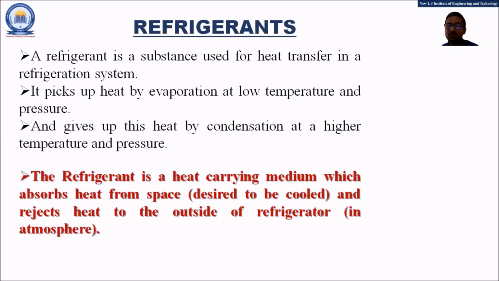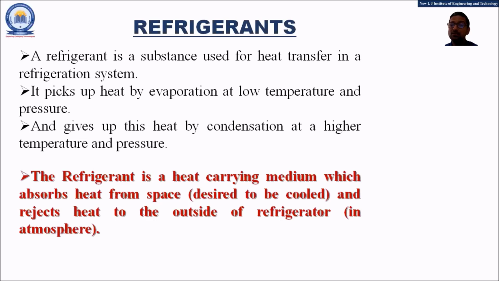The refrigerant picks up heat by the evaporation process at low temperature and pressure conditions. And friends, it releases this heat by condensation at higher temperature and pressure conditions. So basically during the cycle of the refrigeration system, the refrigerant continuously undergoes evaporation and condensation.